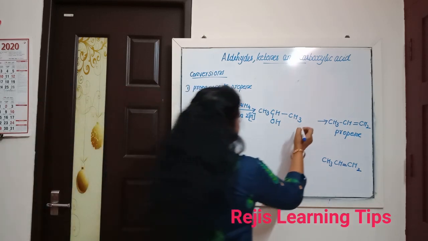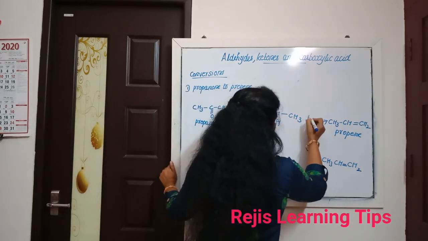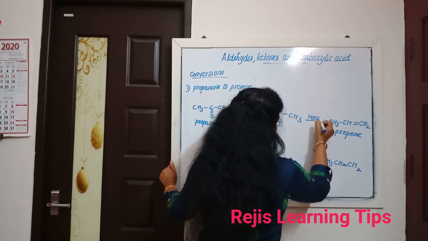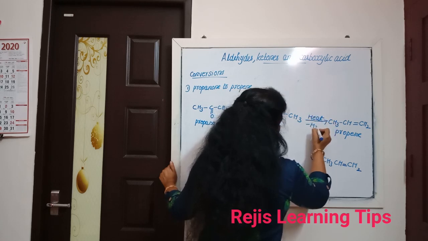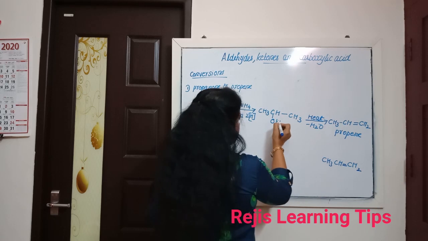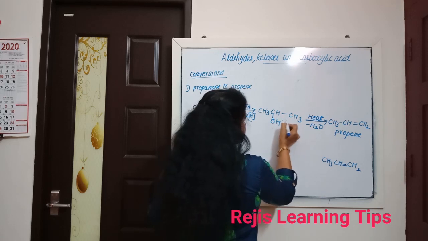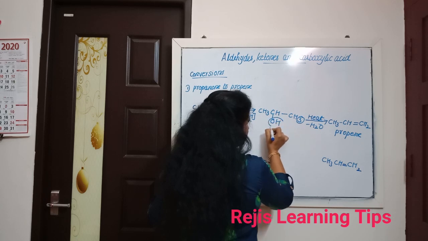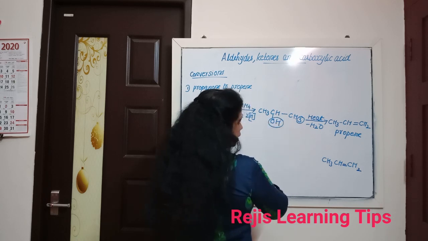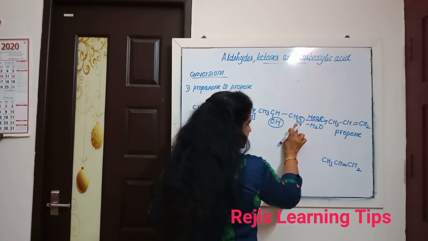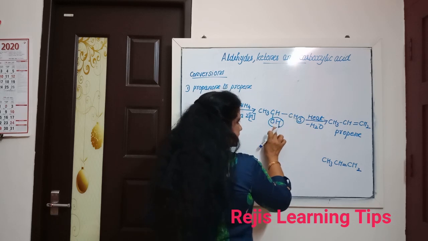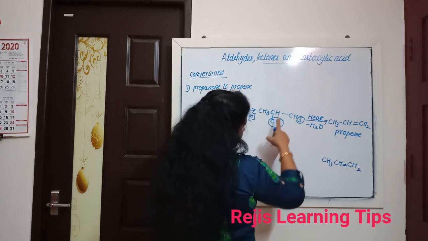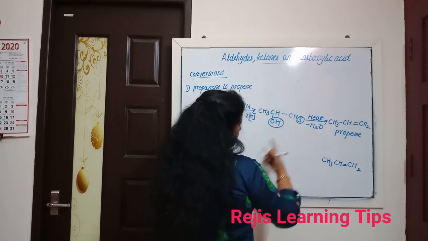Then we heat it, removal of water. That is one hydrogen from this carbon and OH from this carbon. Okay, H from this CH3 and OH from this CH. A single bond becomes a double bond.